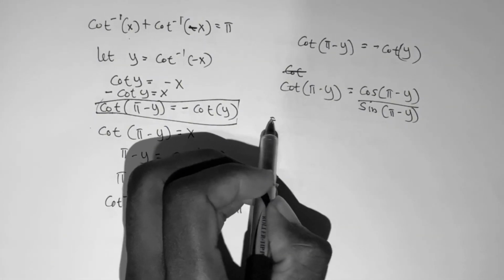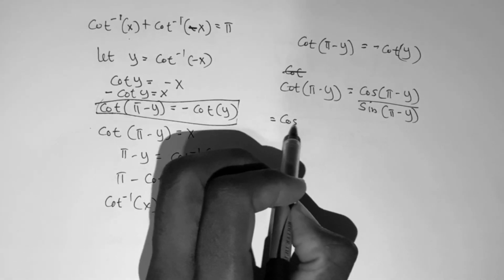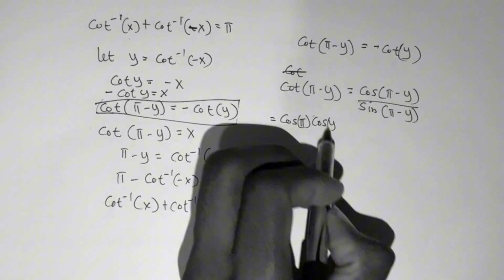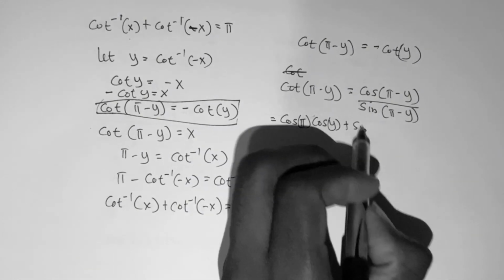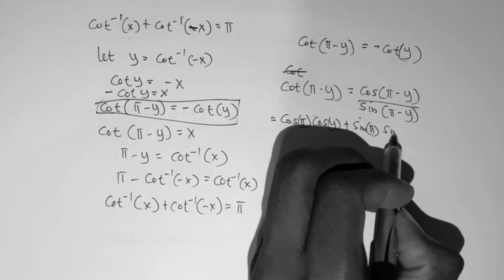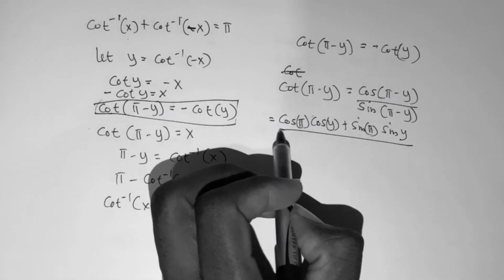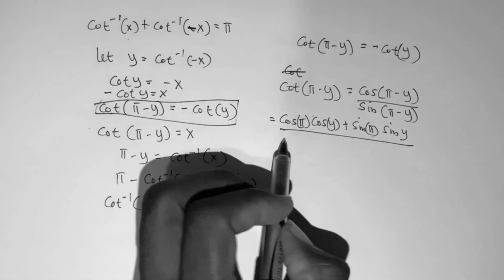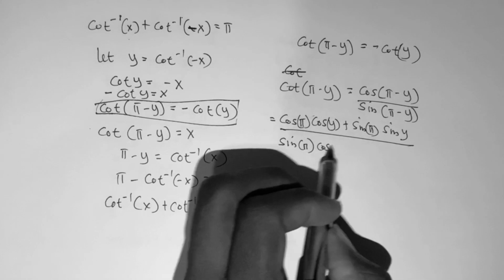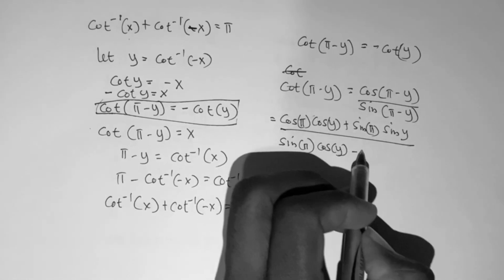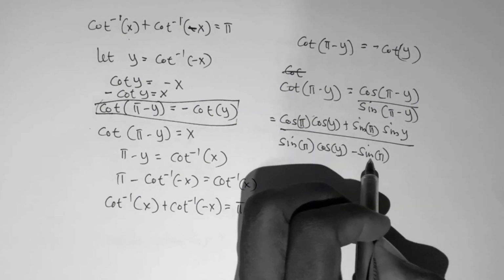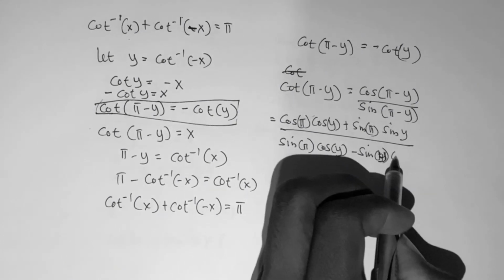So, cos of (pi minus y) is the same as cos pi cos y plus sine pi sine y, divided by sine of (pi minus y), which is sine pi cos y minus sine y cos pi.